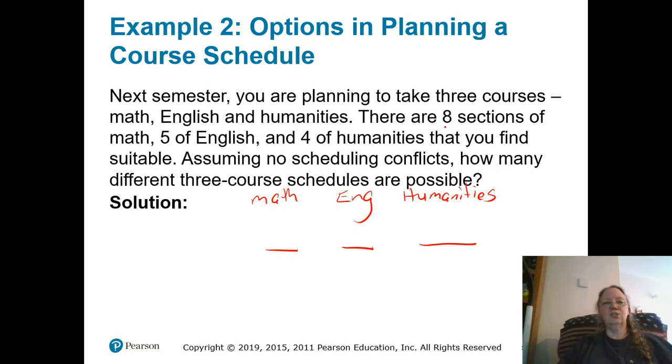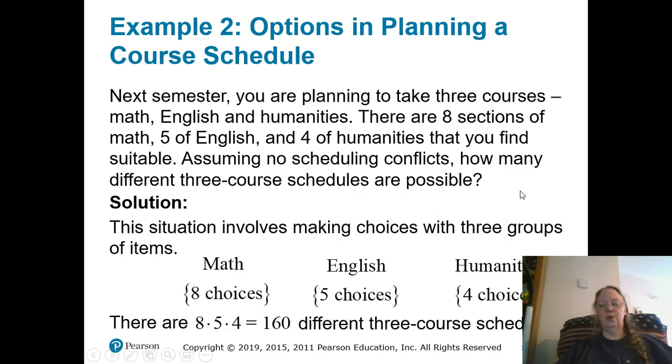There are 8 sections of math times 5 sections of English times 4 sections of humanities. We multiply that out, and we have 160 different possible schedules.